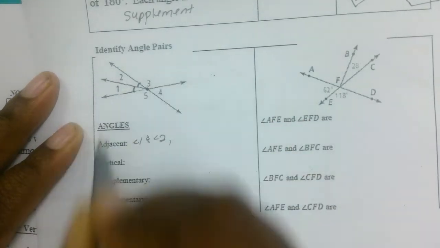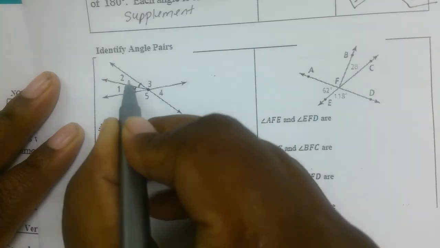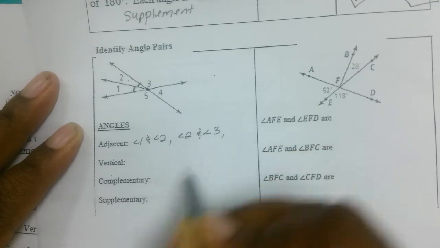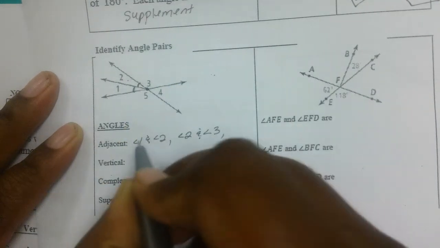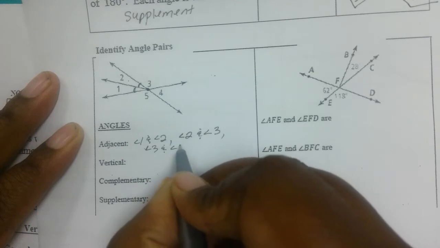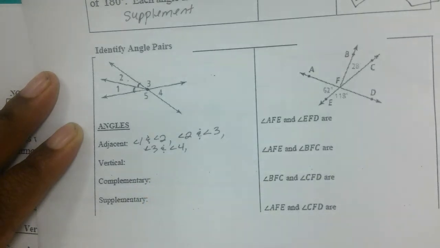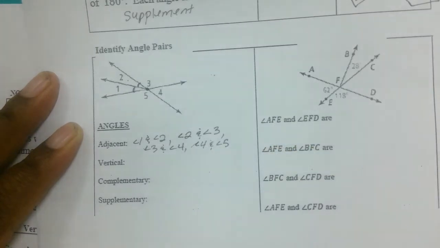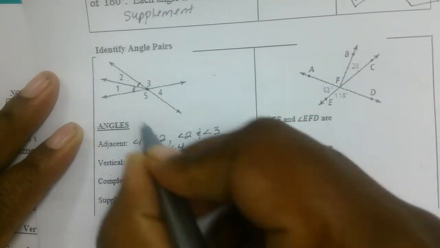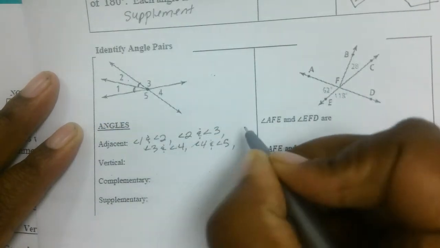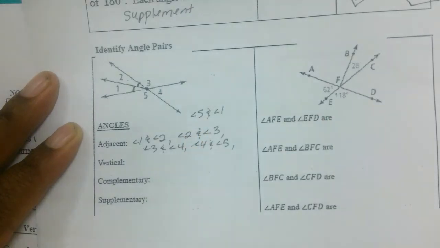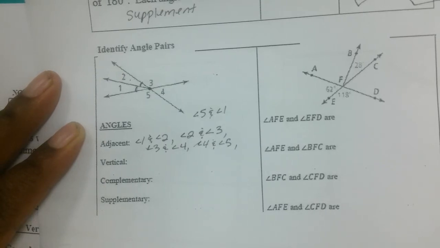They're sharing a side. 2 and 3, those are adjacent. 3 and 4, those are adjacent. We can keep going. Angle 4 and 5, and angle 5 and 1. Those are all adjacent. They're right next to each other. And they're sharing that vertex.